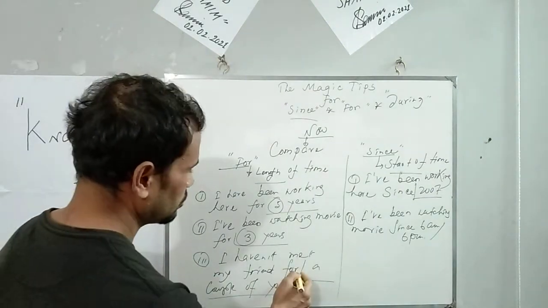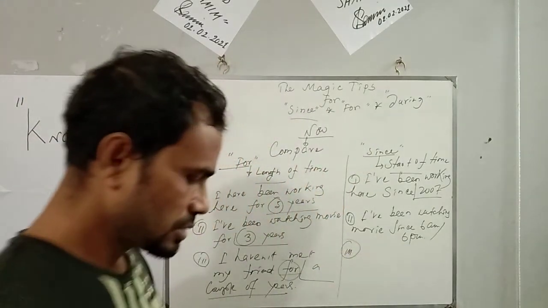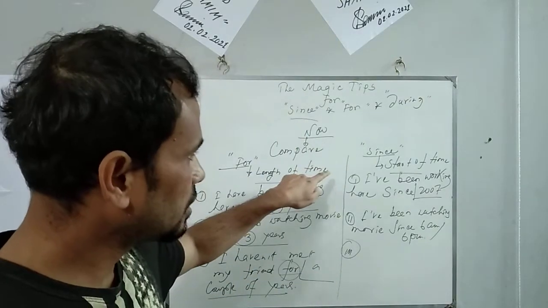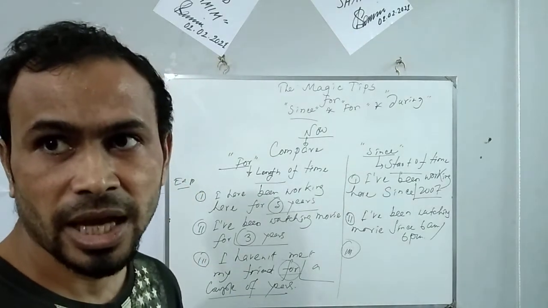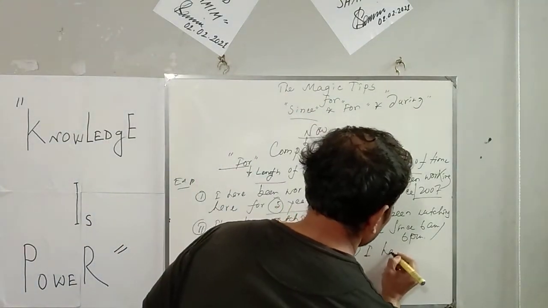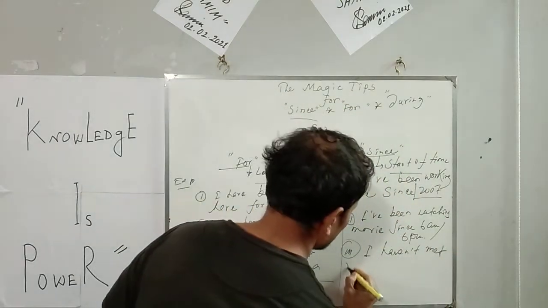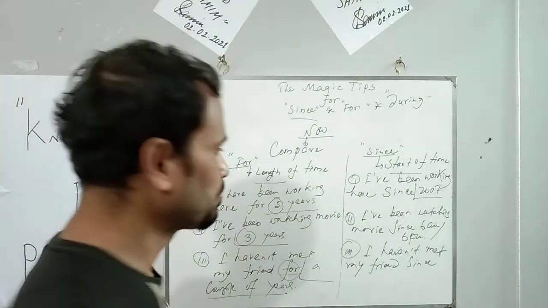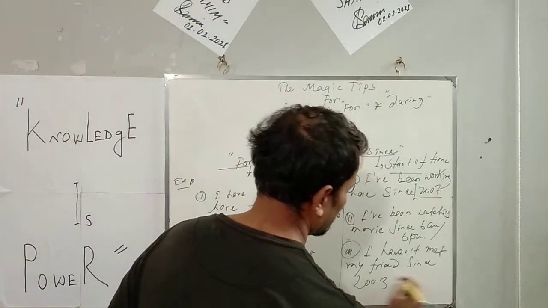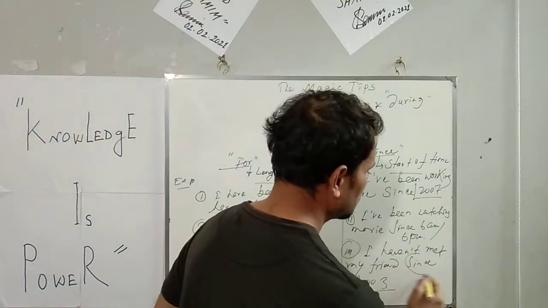Okay, that's why we use before for. So now we use since in this sentence. I haven't met my friend since 2003. 2003 is a start of time. Okay, that's why we use since.